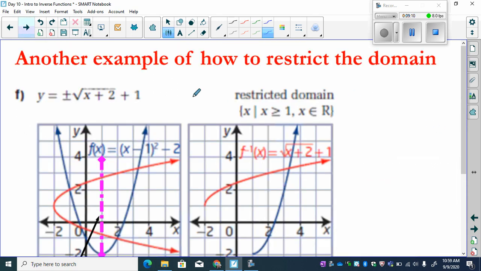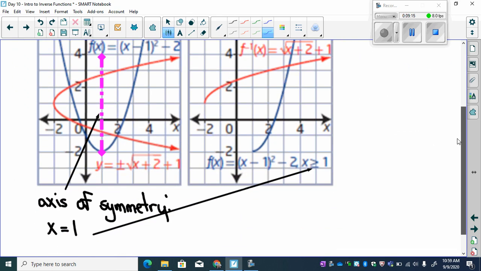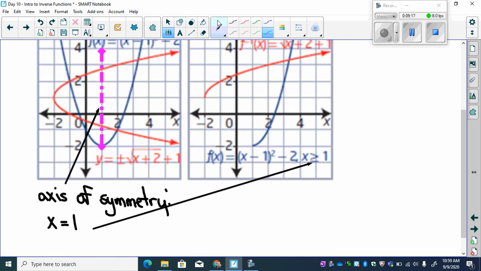One more example of that, just so you don't think they're always x is greater than or equal to 0. Check this one out. You can see the axis of symmetry, or the vertex, is at (1, negative 2). The axis of symmetry would be at 1.